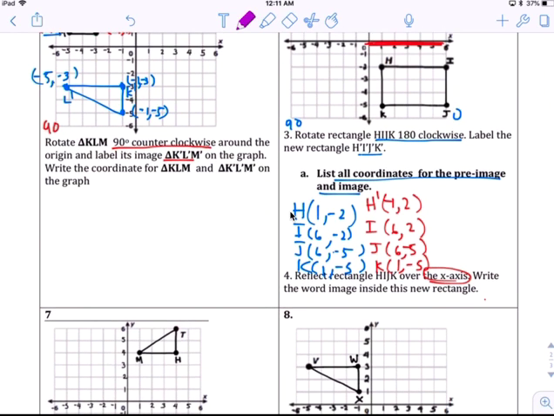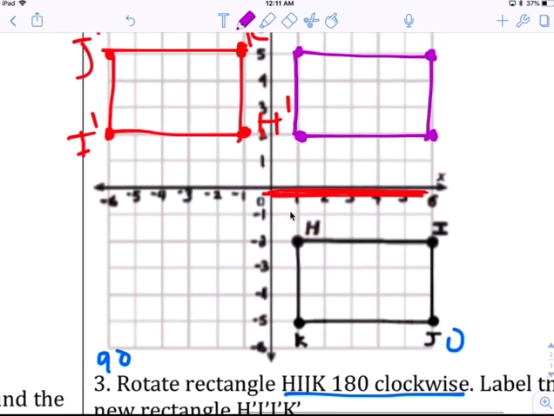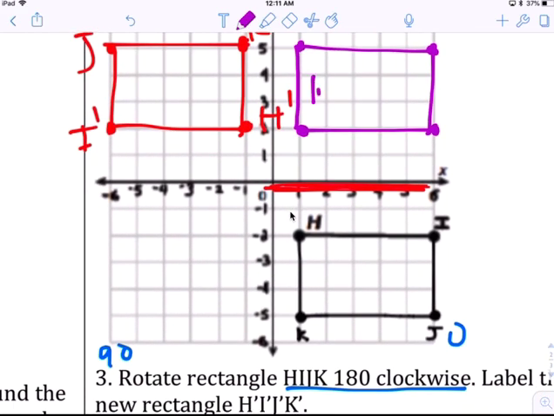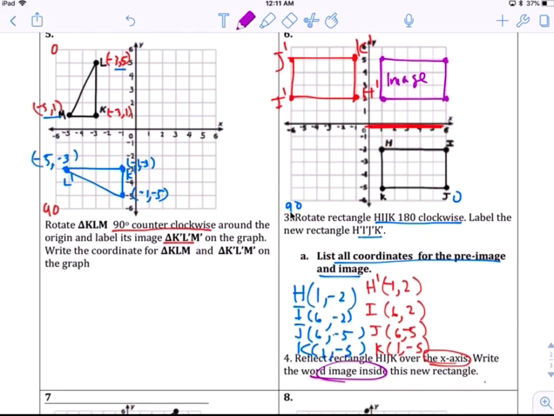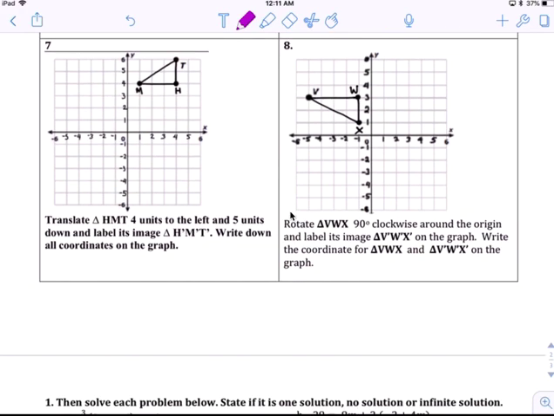So they put H prime, write the word image inside the new rectangle. Okay. All these are pretty much the same.